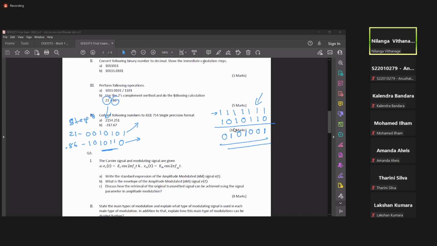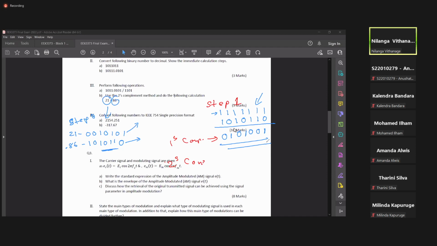Right? So basically, these are the steps. Step 1, you get the complement value. Actually, this is the 1's complement value. Then step 2, you have to get the 2's complement value.